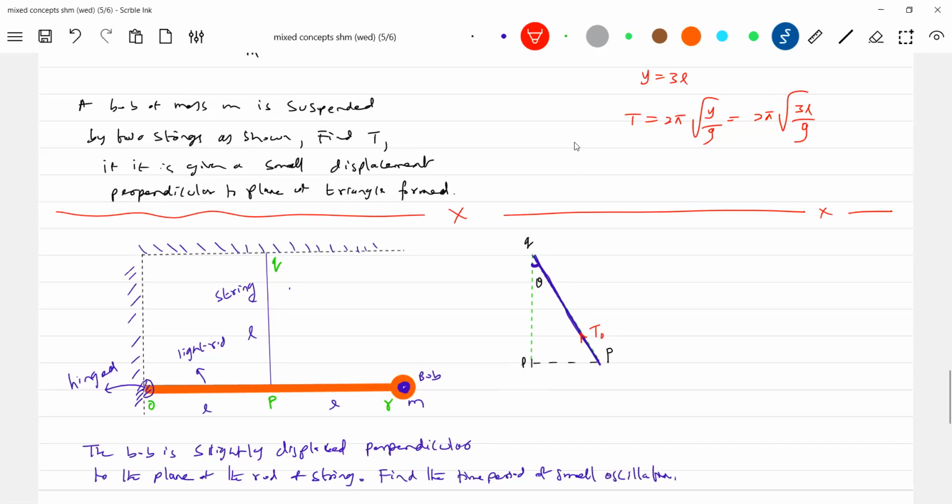The component of tension, from where the restoring force will come, will act in this direction, and that will make the rod plus bob rotate. There also G is there. And there will also be torque due to the weight. So torque due to weight and component of tension.